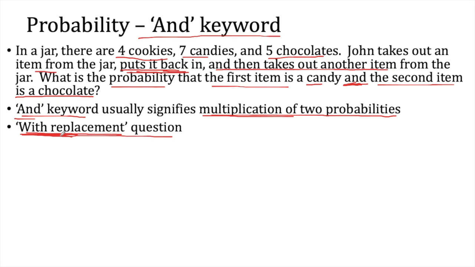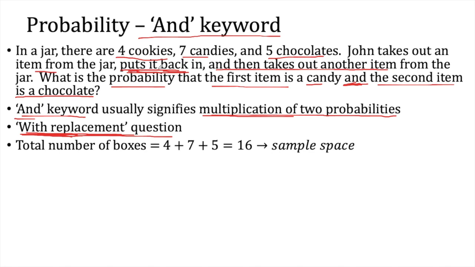The question will not always say that John takes out an item and puts it back. It may just say with replacement. That's what the words puts it back in signify, with replacement.